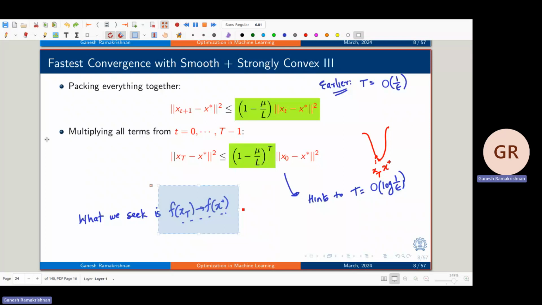What else can be done? We haven't used one property. At x star, what do you expect the gradient to be? 0. See, x star is not some random point, right? So could I use convexity again?